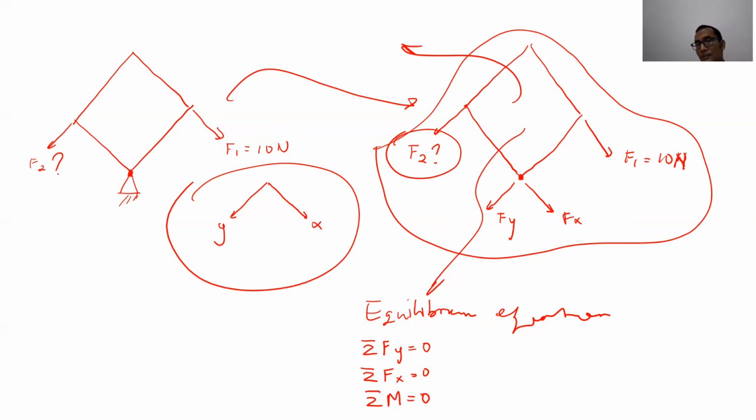Sigma moment z equal to 0. Sigma moment z means that the direction of the moment is going through the paper or going out of the paper. Actually, it's representing the sigma moment z equal to 0. We can solve it using these three equations.